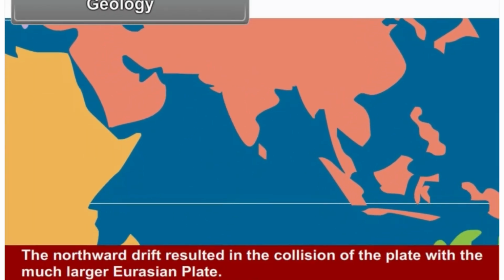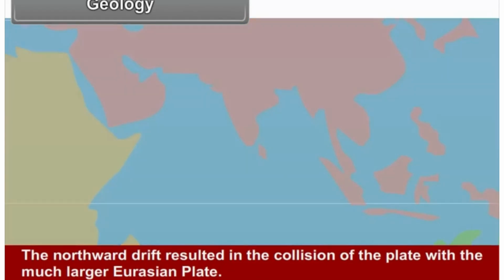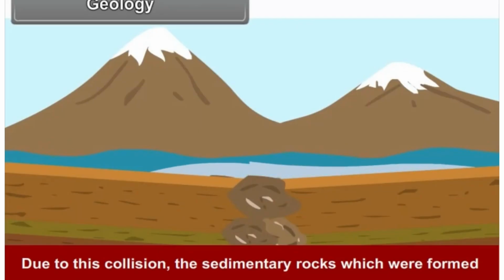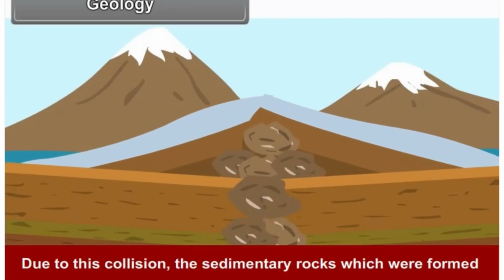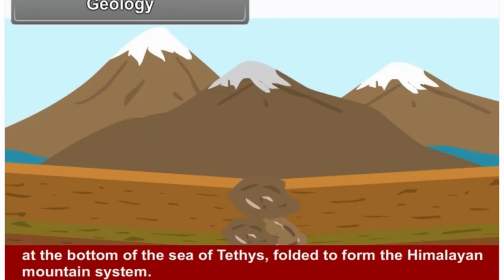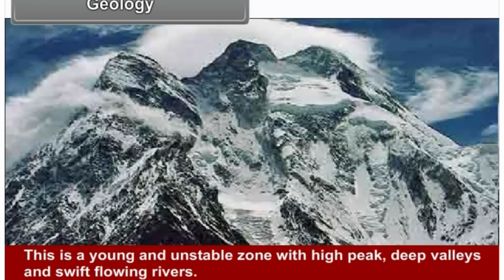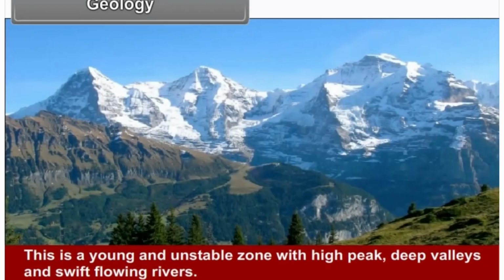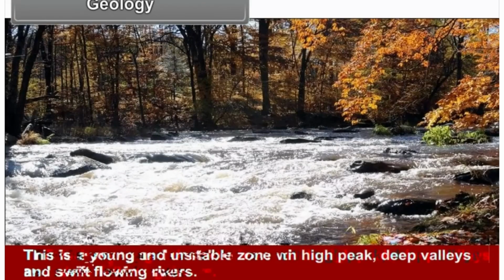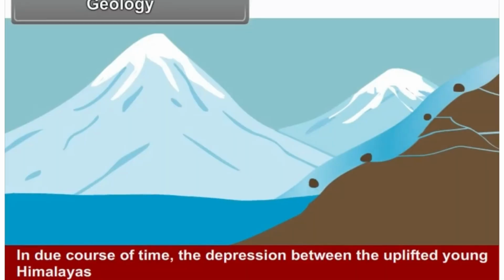The northward drift resulted in the collision of the plate with the much larger Eurasian plate. Due to this collision, the sedimentary rocks, which were formed at the bottom of the Sea of Tethys, folded to form the Himalayan mountain system. This is a young and unstable zone with high peaks, deep valleys, and swift-flowing rivers.